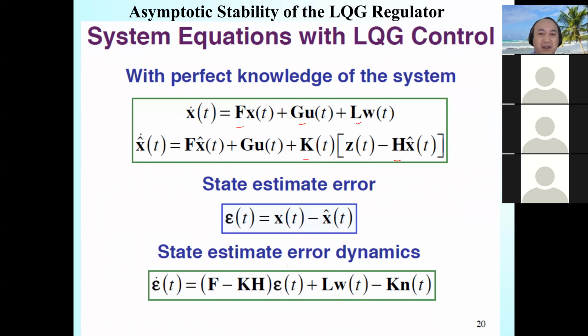Then the dynamics will be affected by noise, and this is stable. So basically it's connected only by your observer gain, the Kalman filter gain.